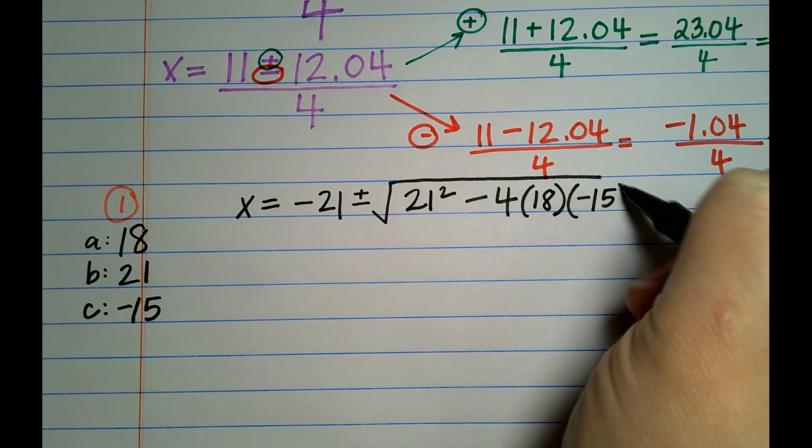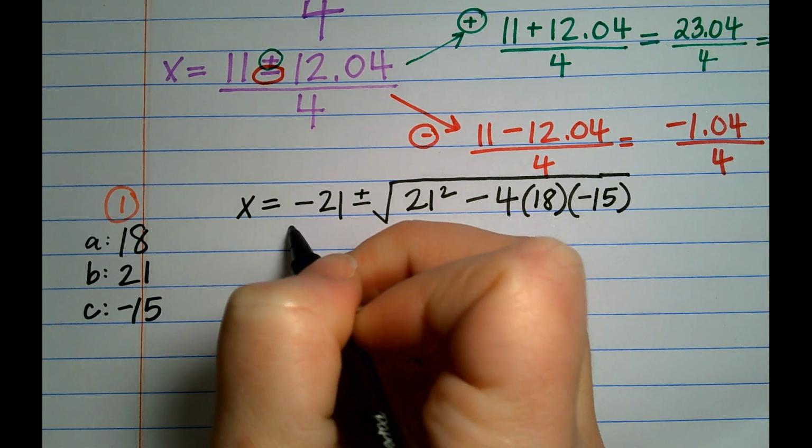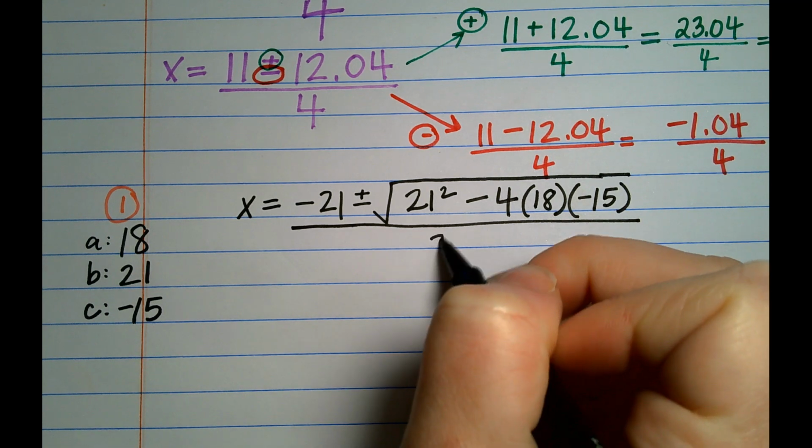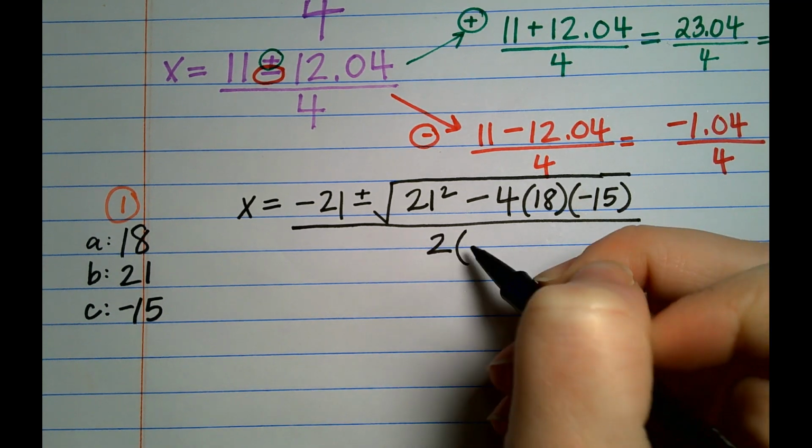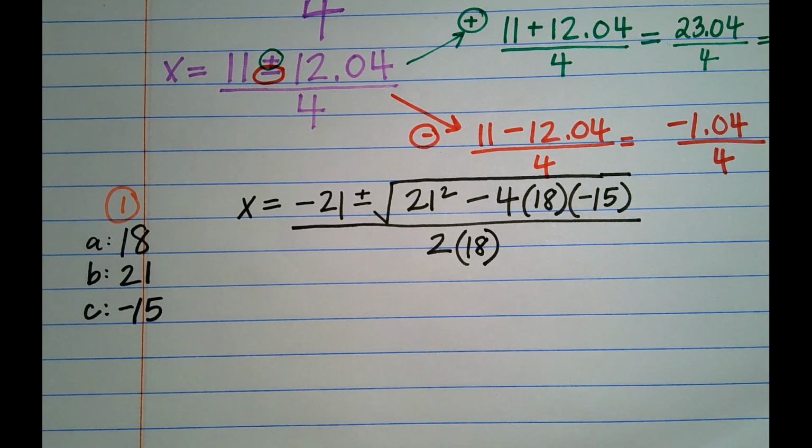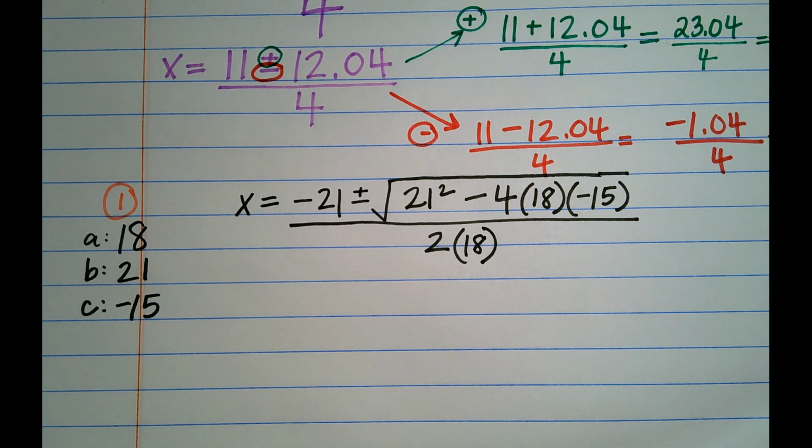Negative 15. Good. And all of that gets divided by 2 times what? 18. Good. Okay, so we have our A, B, and C all plugged in.